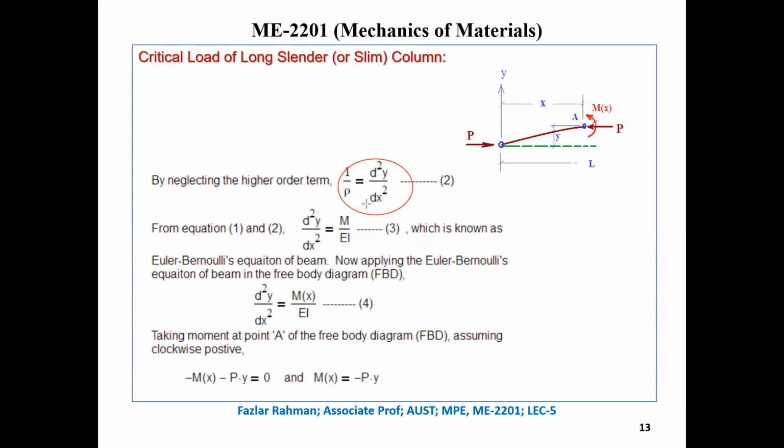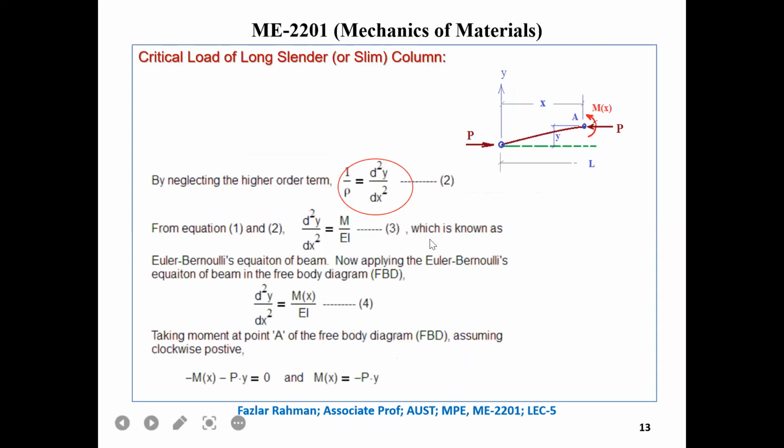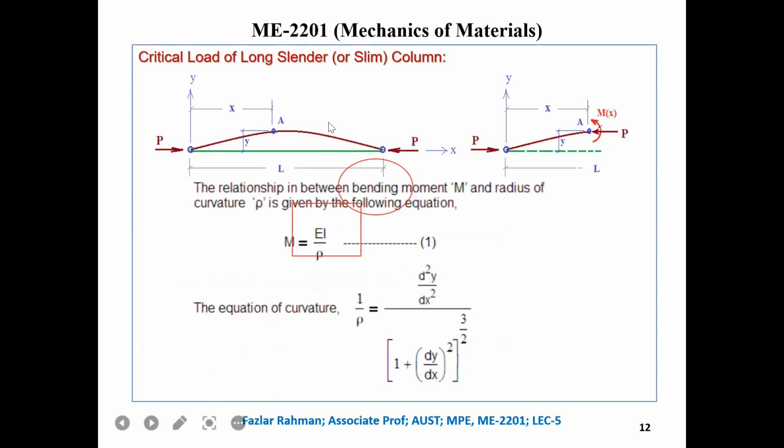If I substitute this 1 by rho over here, then you will get a differential equation in M. Now in the column, you apply the load only at the ends, and obviously you have a question in mind of how we figure out the M. So what we did, we cut the column at any point.